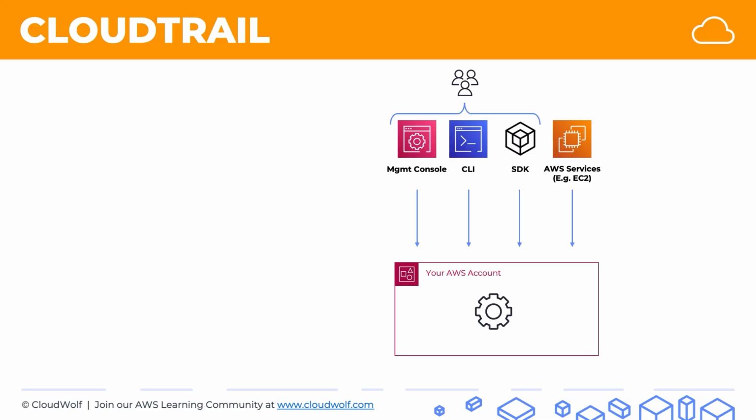So all of these pathways, the three pathways for users and internal pathways for AWS services, are ways that your account can be changed, modified, things can be adjusted inside. And CloudTrail allows you to enable logging of all of that activity on your account.